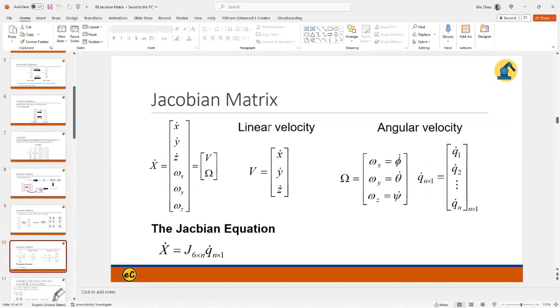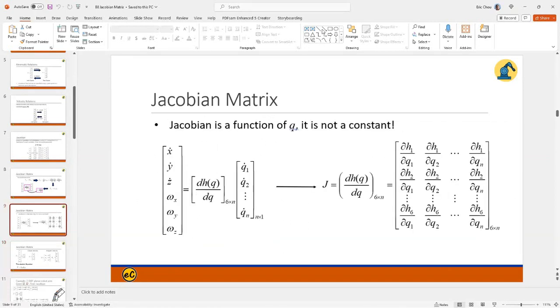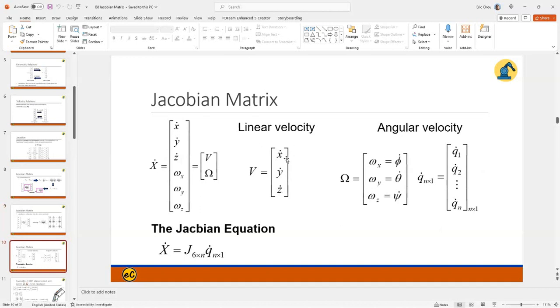The Jacobian matrix output has XYZ and three angle changes, three angle speeds. So we divide the output into two groups: one is linear velocity change, vector V, and the other is angular velocity change, called omega.